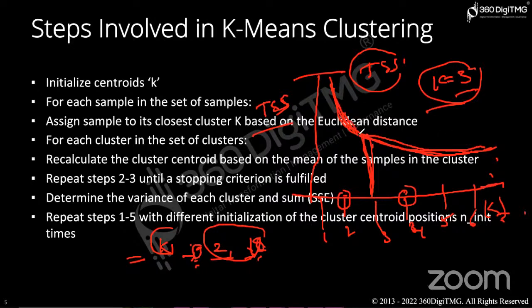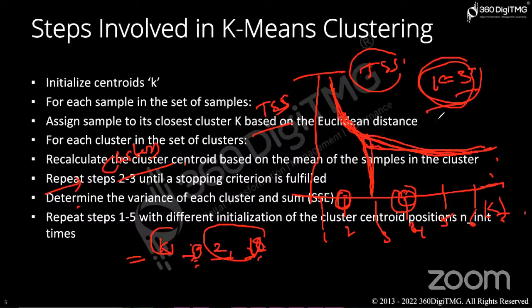It doesn't mean that because you are getting the elbow here, that is the best or perfect cluster. You have to check nearby as well. Then compare those clusters, and then you will be able to say which one is better.